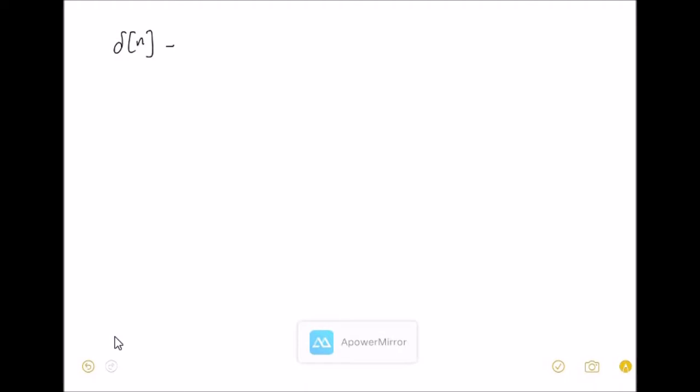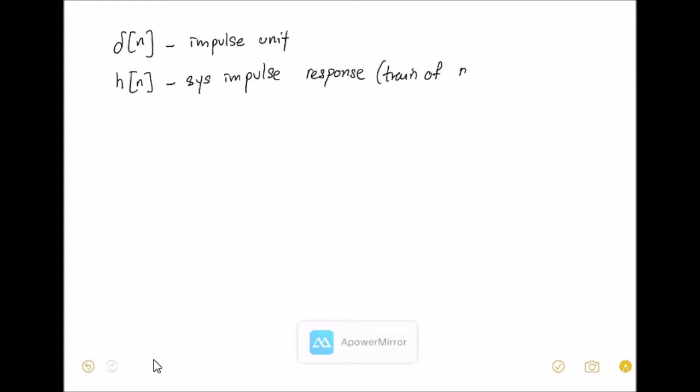Delta[n] is the unit impulse and h[n] is the system impulse response, or we call it the transient impulse response.